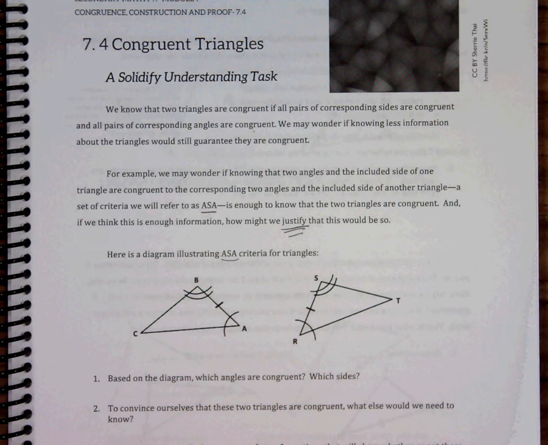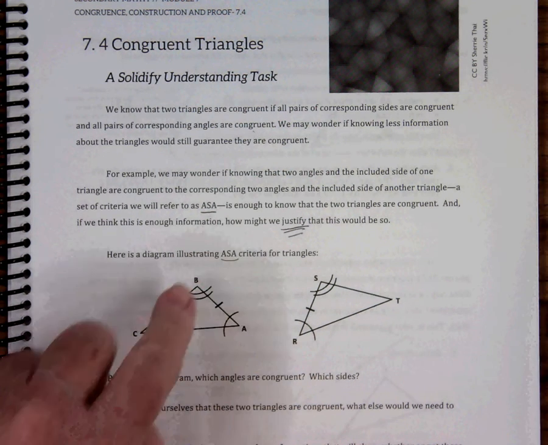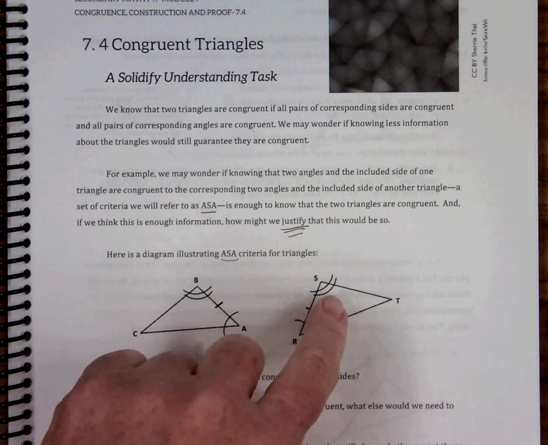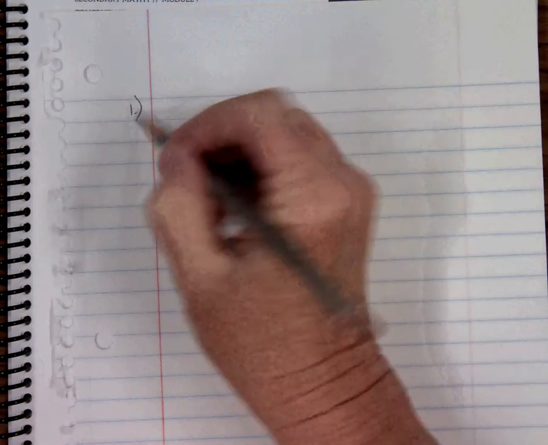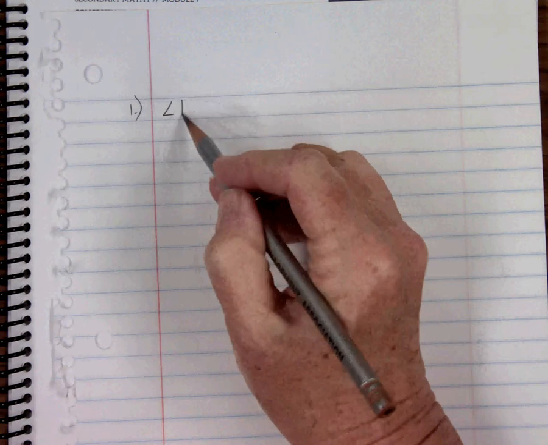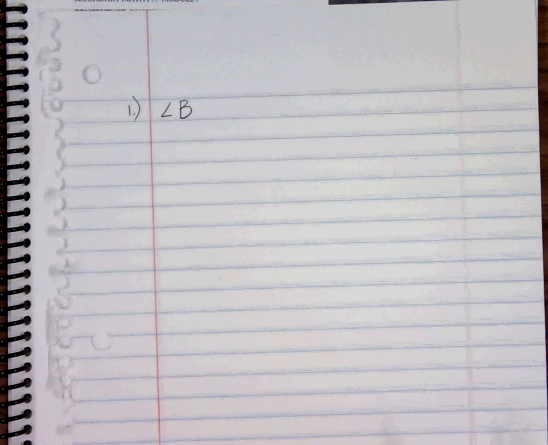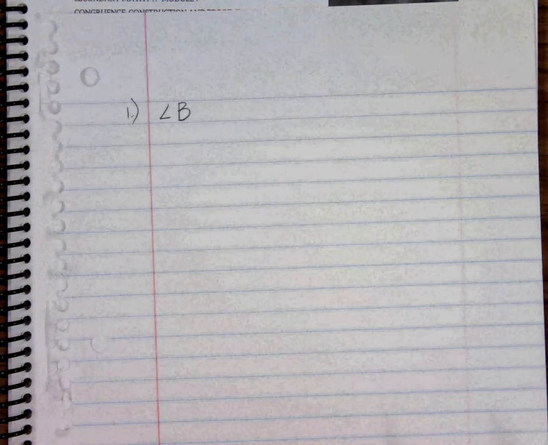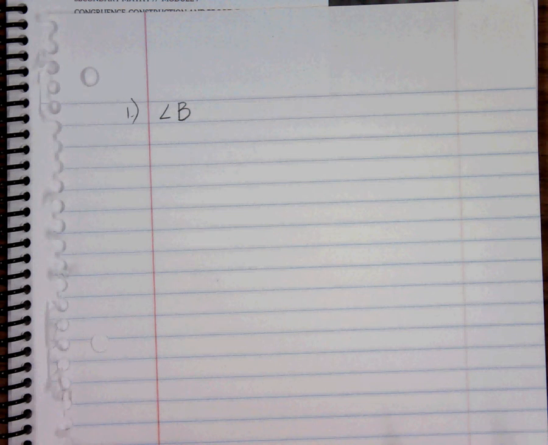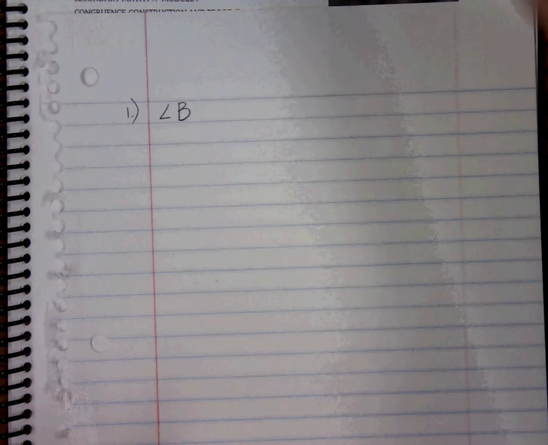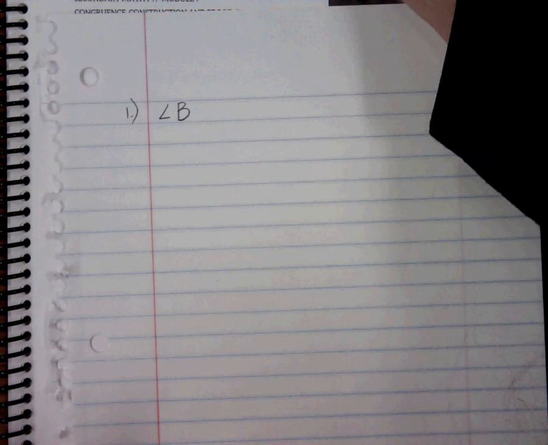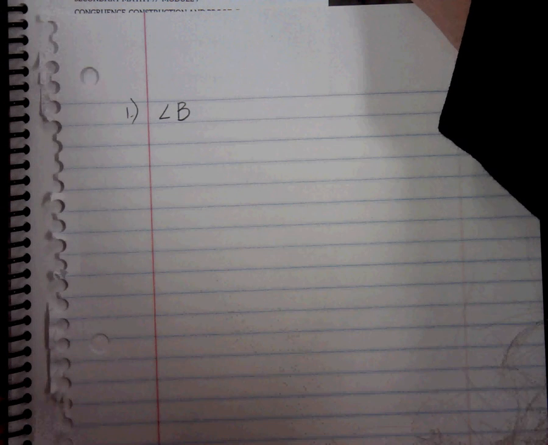So what we said was angle B is congruent to angle S. That's how you write that. I'm going to pause for a minute and try to make this clearer, sorry. Too dark.